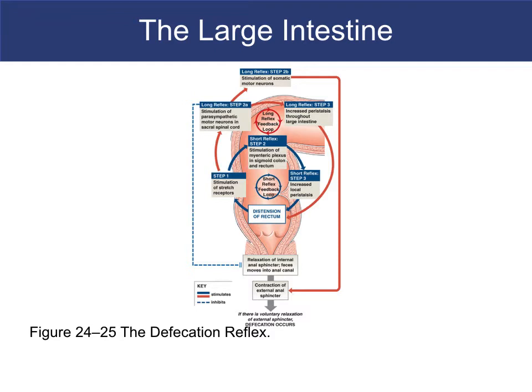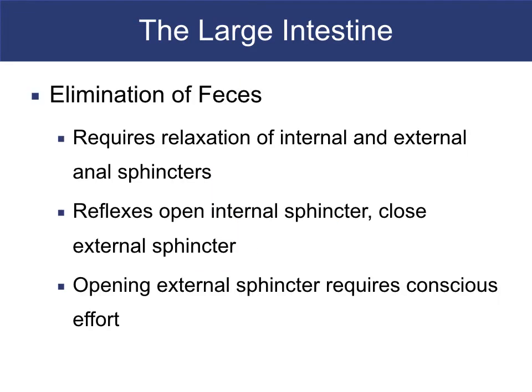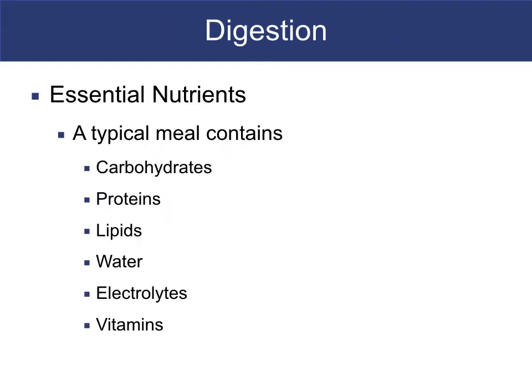In one fell swoop, out it comes. Kind of nice. Usually feels pretty good. Anyway. We have to intentionally open our external sphincter. Remember, that's the one that's under our conscious control. The internal sphincter is going to open on its own and allow this movement to happen.